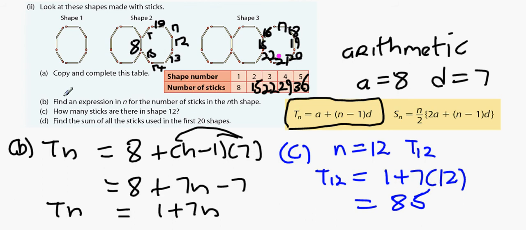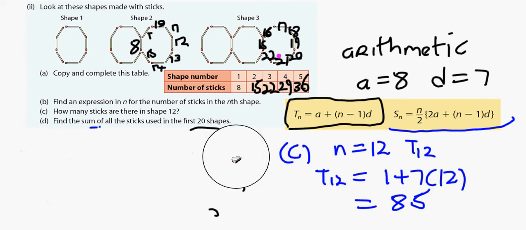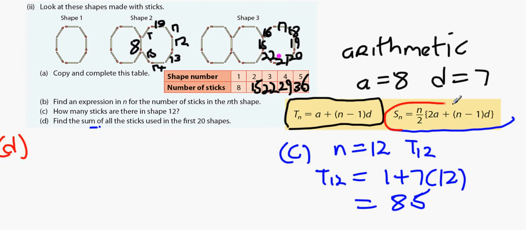Next one, part D. Find the sum of all the sticks used in the first 20 shapes. The keyword is find the sum. Find the sum is Sn. So we're going to do part D in red, and part D means Sn, so we have to use this formula here, and we have to do it for the first 20 shapes.